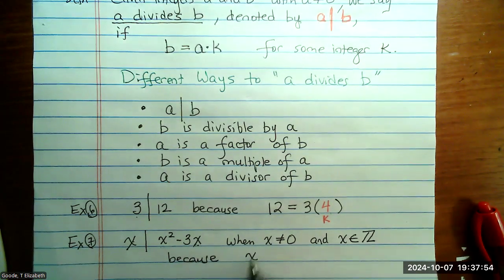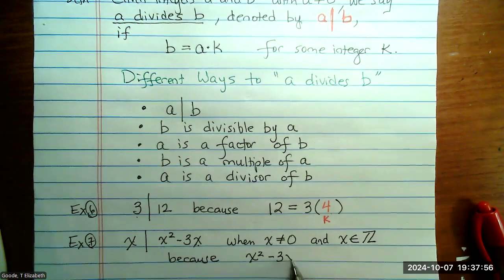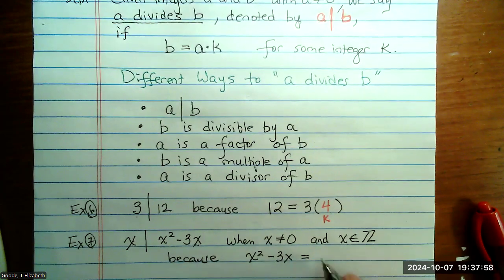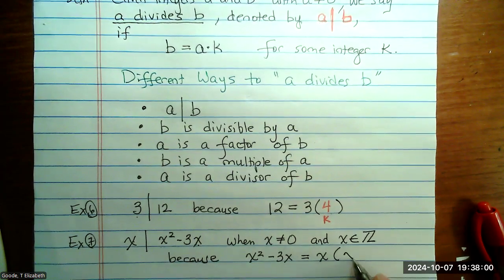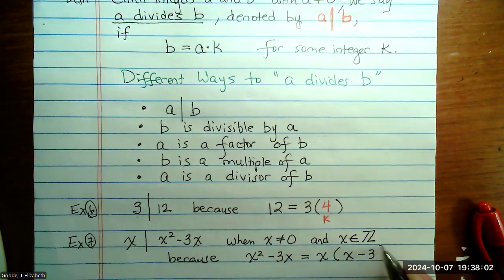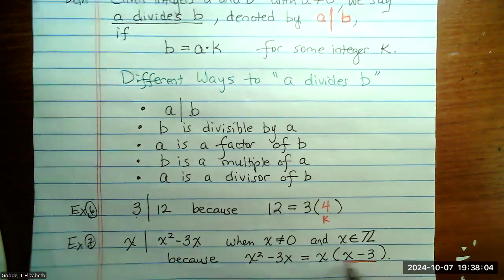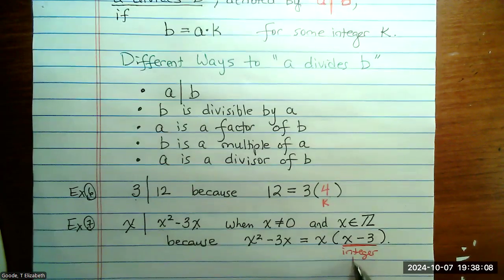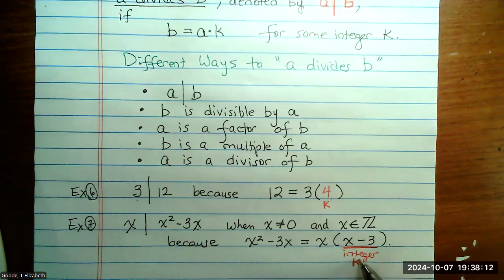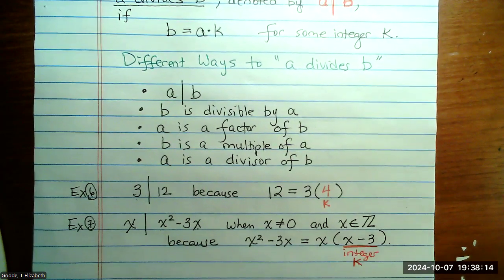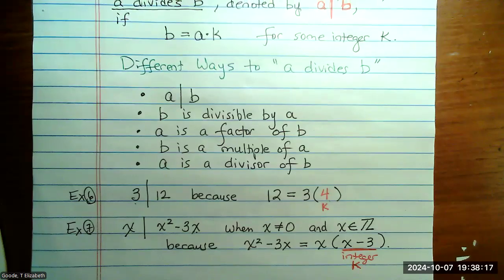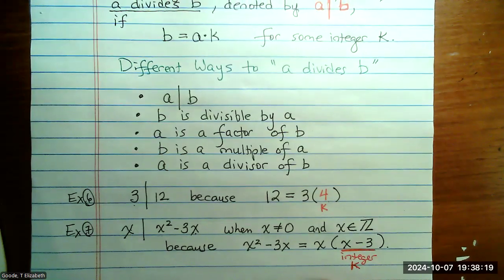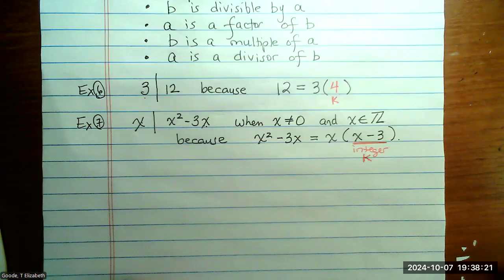So because x squared minus 3x is equal to x times the quantity x minus 3. See, the x minus 3 is our integer k. Right? x is an integer, 3 is an integer. The difference of two integers is an integer because z is closed under subtraction.